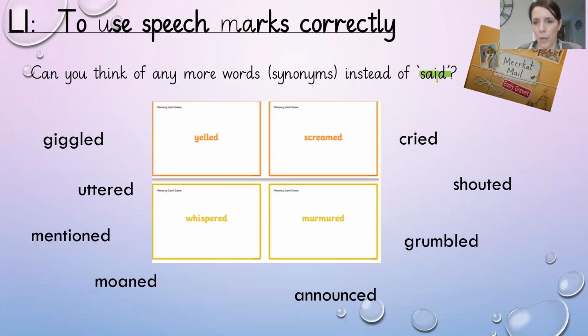So we want to use other words instead of said. So if you haven't done so, I want you to write down at least 4 of those that you can use today in your writing. You can pick 4. Okay, when you're ready, you can carry on with the lesson.